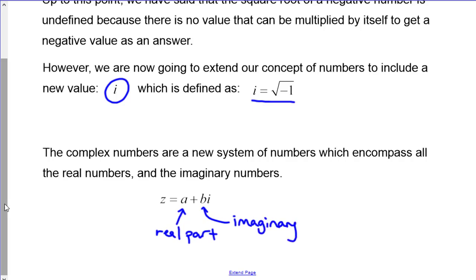And when we say imaginary, don't think too much into that. It's not that we're making stuff up. There actually are very good real-life applications of these. Basically, we're just separating the two different types of numbers. We have the real number and what we call the imaginary number, together making up the complex values.